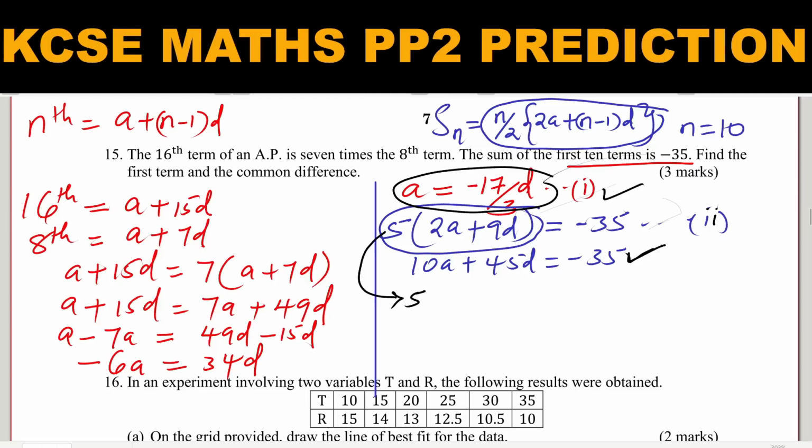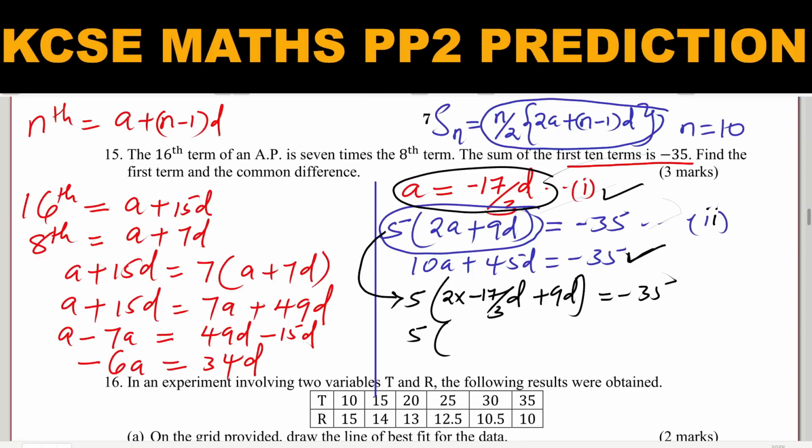So 5 times the bracket 2a. 2a is 2 times a, which is negative 17 over 3 d, then plus 9d, is equal to negative 35. So this will be 5 multiplied by 2 times negative 17 over 3, that will be negative 34 over 3 d, plus 9d.